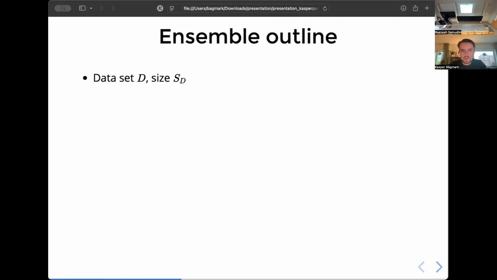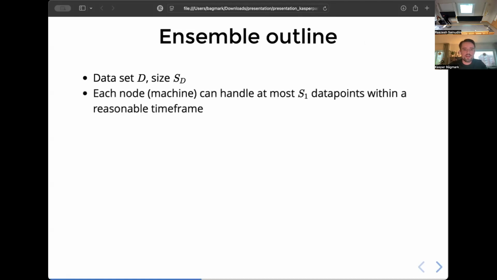So if we assume we have some data set D with some size, SD, and we also know that each machine can handle at most S1 data points within a reasonable time frame. That means that a model can be learned on at most S1 data points in a time that we find feasible.